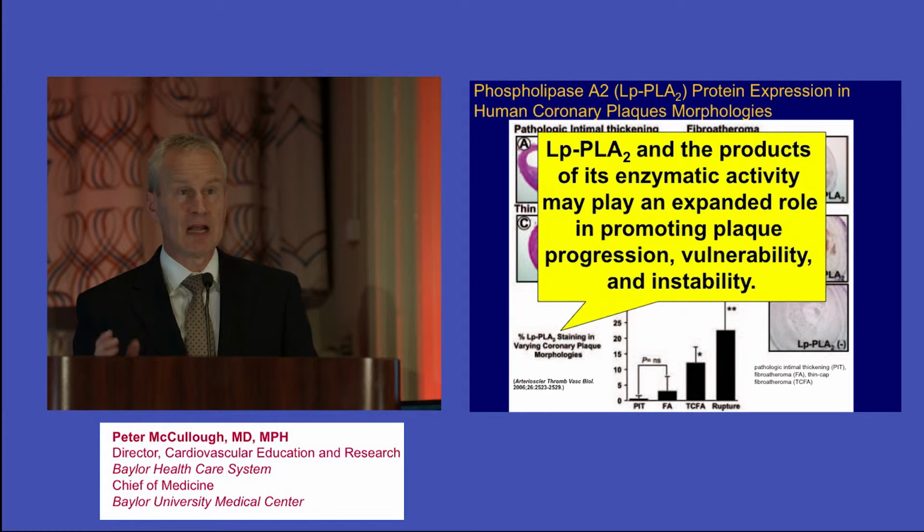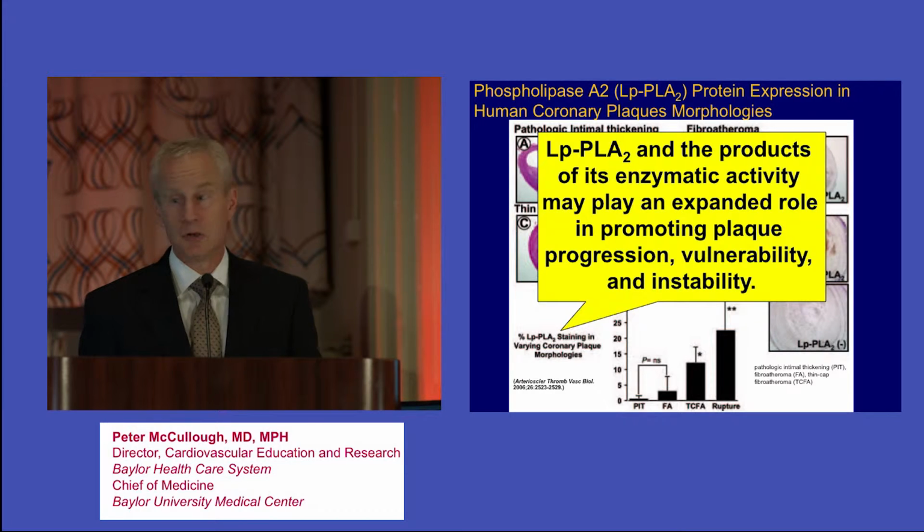So it's been said that outside of LDL cholesterol or just cholesterol itself, the only other real pathogenic factor that we can measure in blood that's at the scene of the crime of a ruptured plaque is Lp-PLA2. You can't find the same data for CRP or even for myeloperoxidase or some of the other advanced measures.